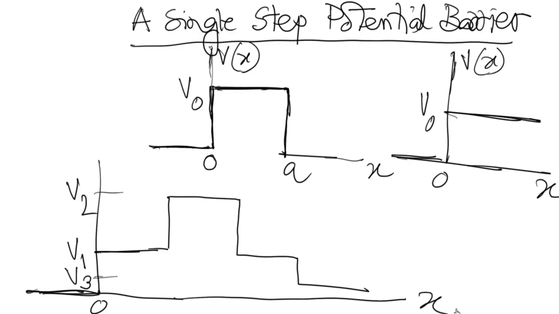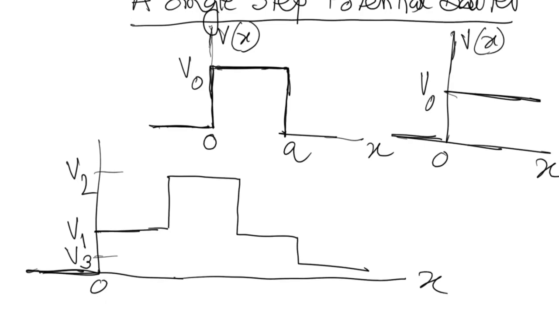So you can have different types of potential barriers, but for simplicity of presentation we shall consider a single step potential barrier first. Remember, we are discussing one-dimensional problems in this chapter.